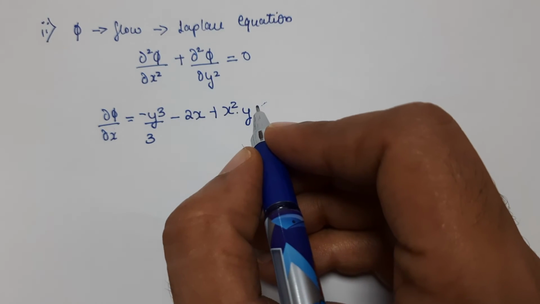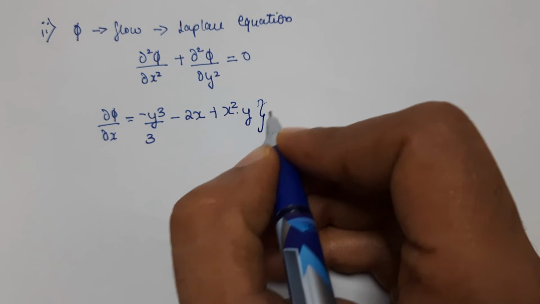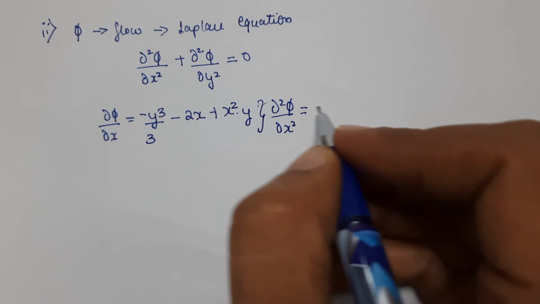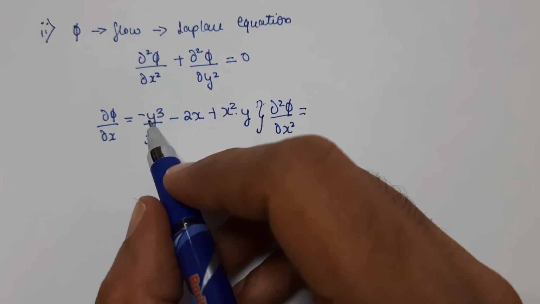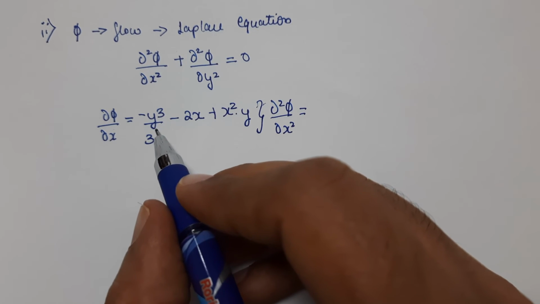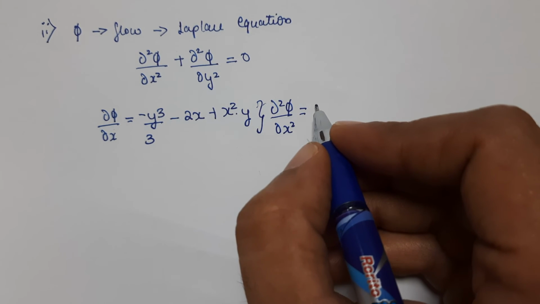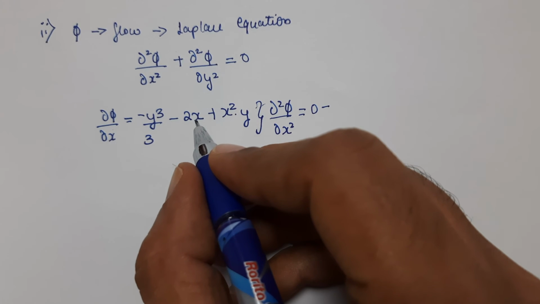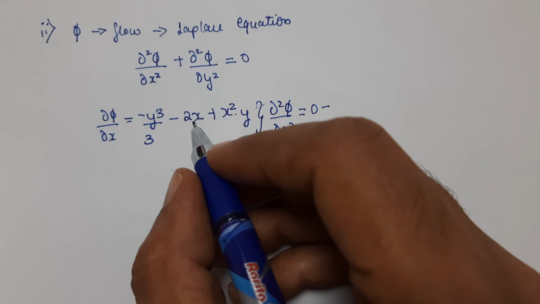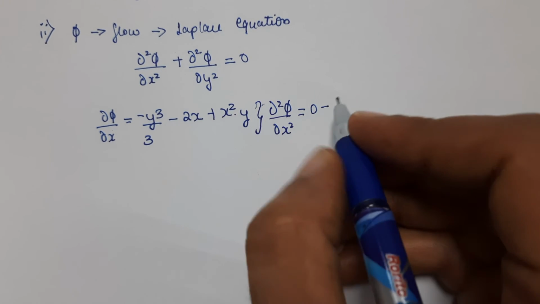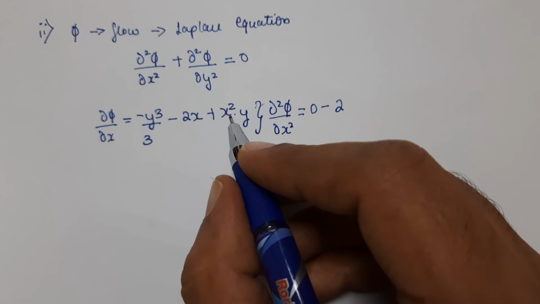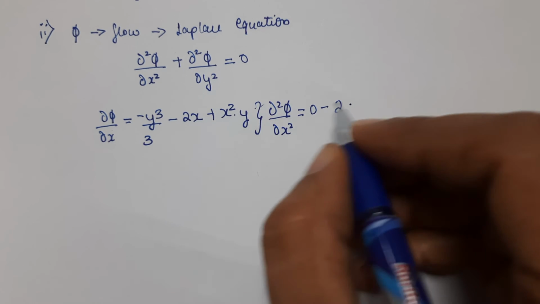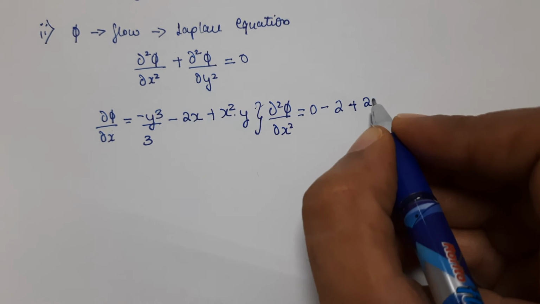Double differentiation of this particular equation, I'll get dou square phi by dou x square equal to, since there is no x component, this will be 0, minus differentiation of x, again it will be 1, so it will be 2, then differentiation of x square y will be plus 2xy.